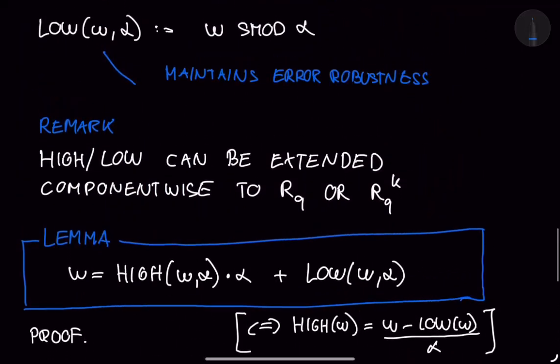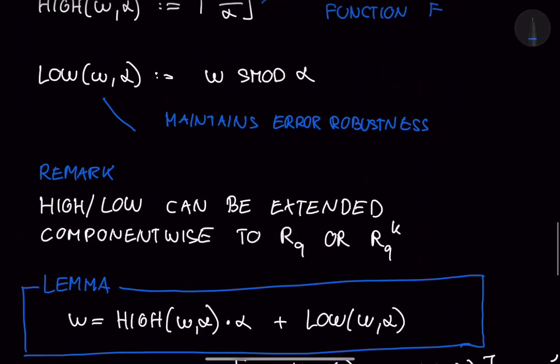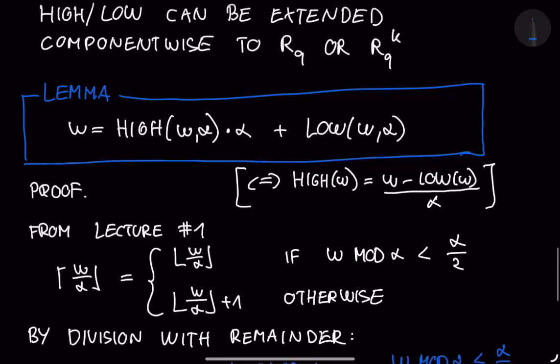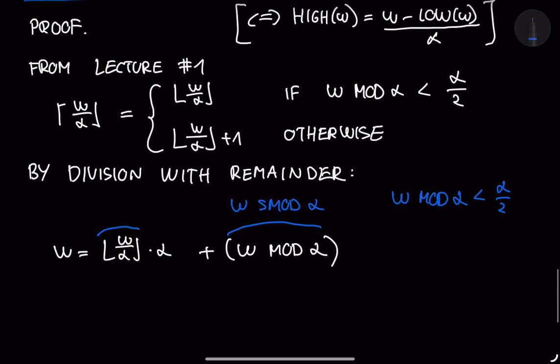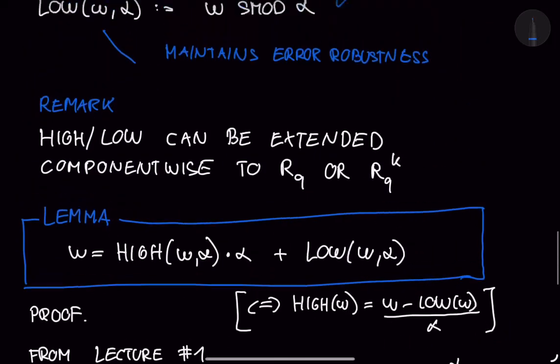Going back to the definition, we have here the Low, and considering this equation, we get that this is exactly the rounding, and the rounding is nothing but the High part.